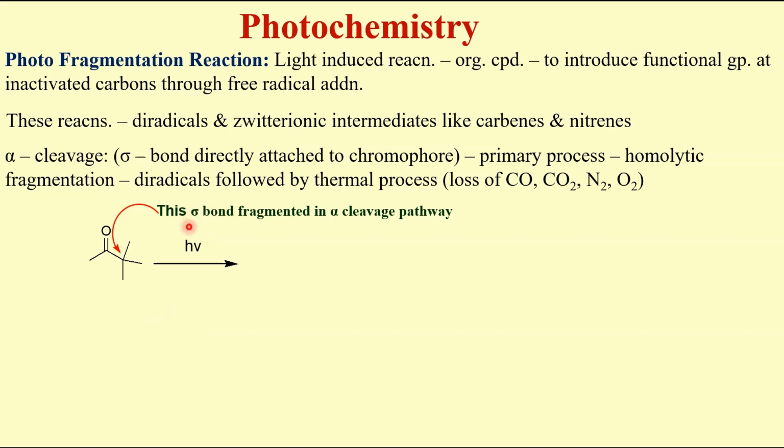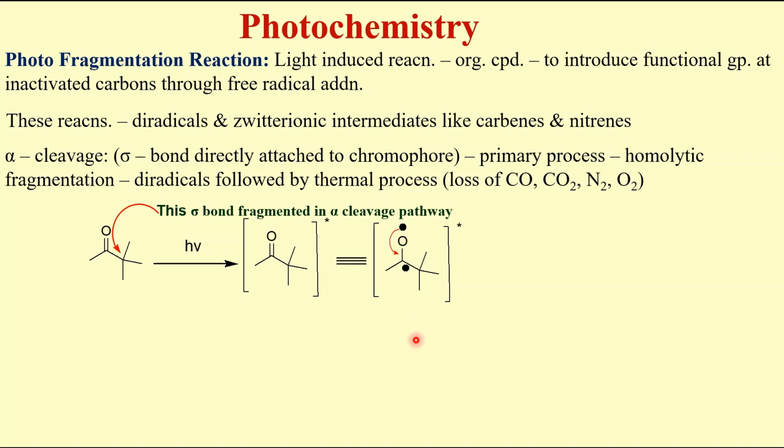That's why this sigma bond gets fragmented in the cleavage over here. When it gets excited from the lower energy ground state to the excited state, it is represented as star. One electron moves towards the oxygen, another electron moves towards the carbon, and the CO diradical is formed.